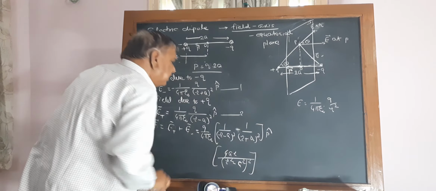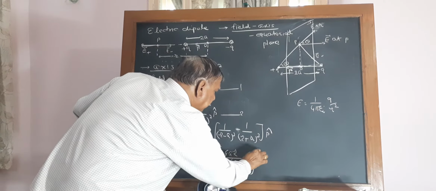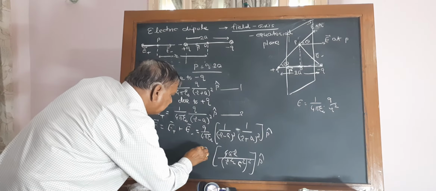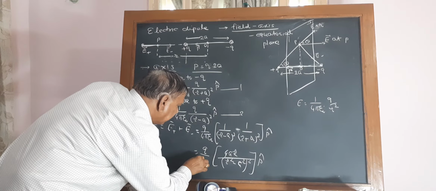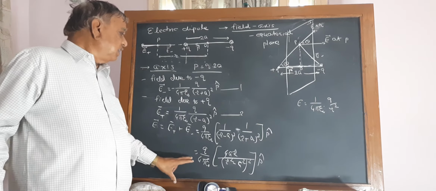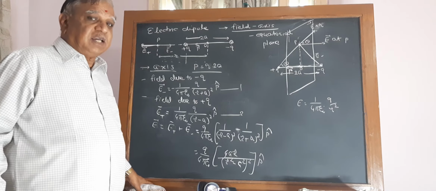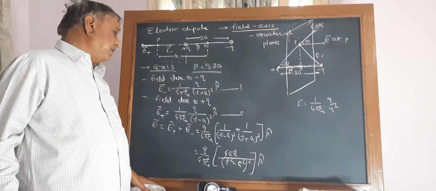By simplifying we get 4ar p caret, times q upon 4 pi epsilon 0 over r square minus a square whole square. This is the field at point P due to the dipole on the axis at a distance r.